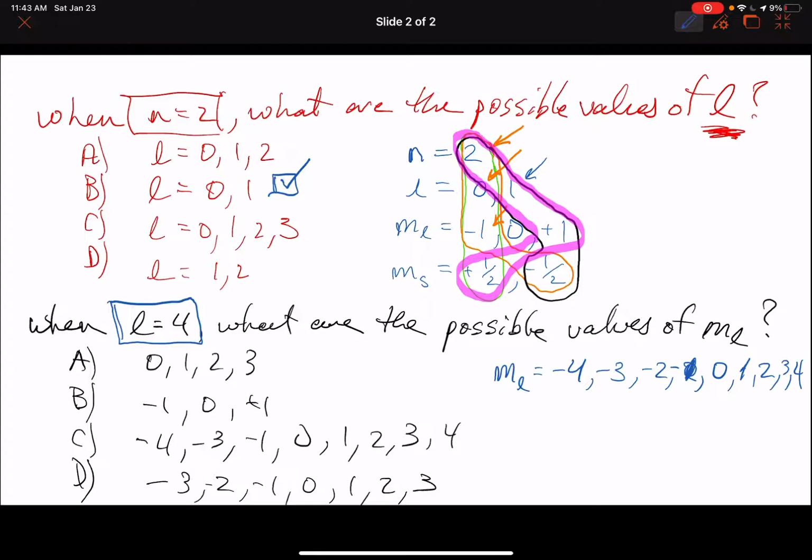So we have lots of options there for the M sub L options. All right. So the answer here would be answer C, which would be the correct answer.